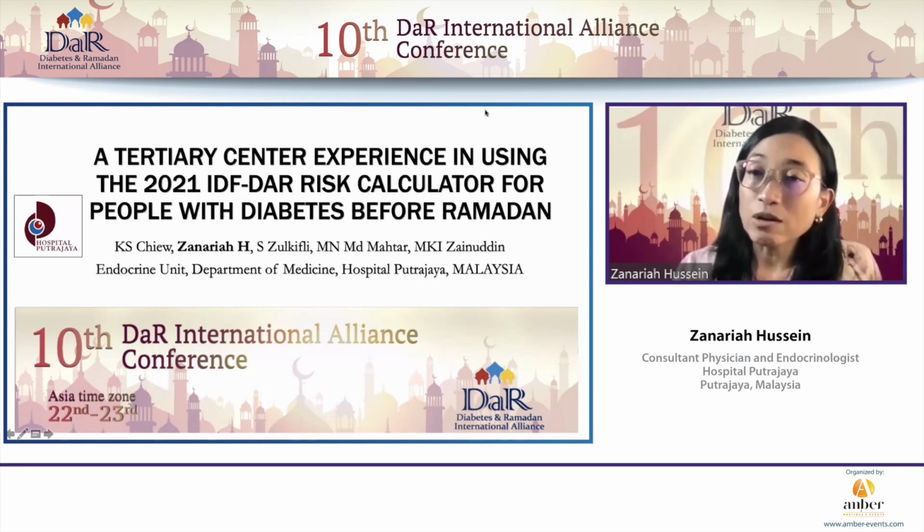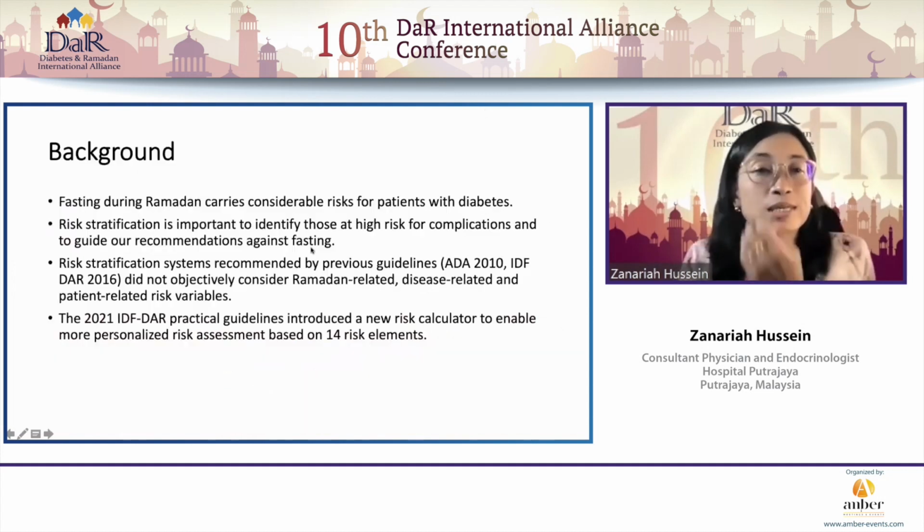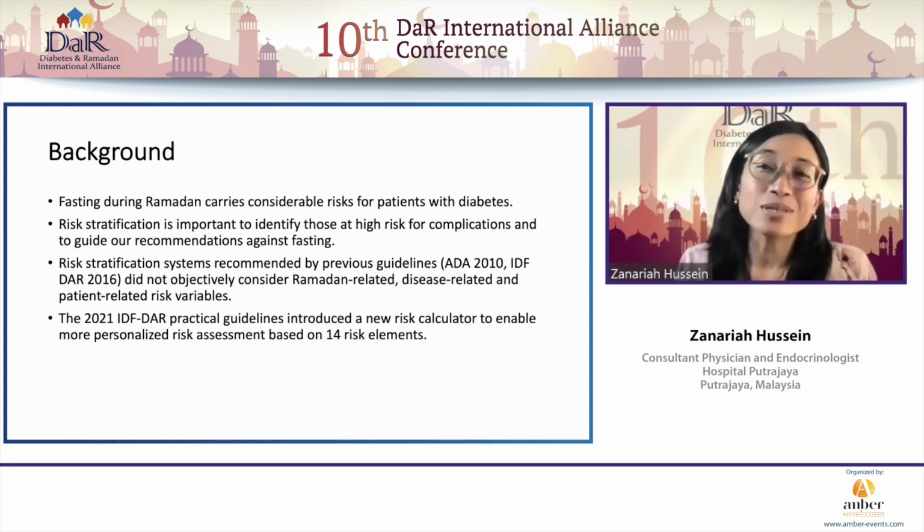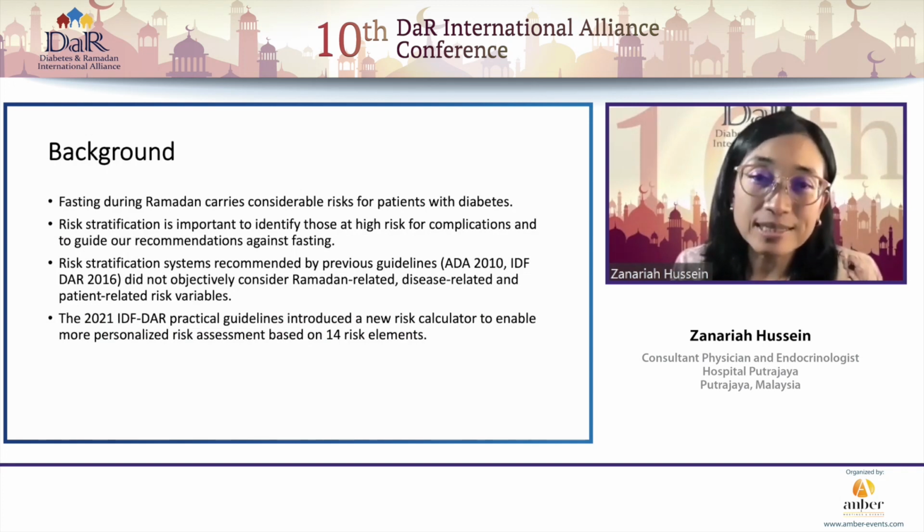So what we did in our hospital was attempt to use this new tool in our patients for Ramadan 2021. As a background, we already understand that diabetics who fast may face considerable risks depending on various factors.